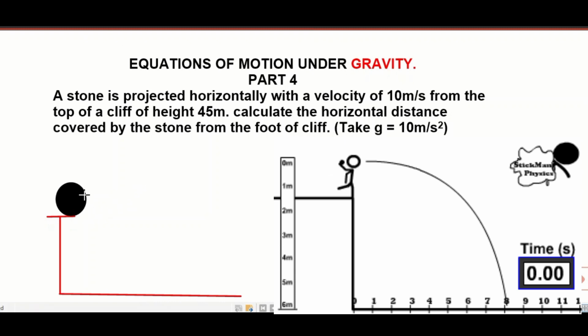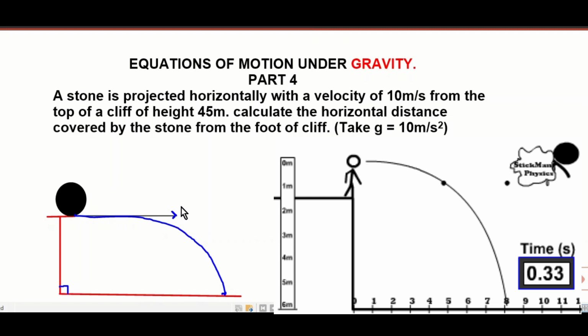And it has a horizontal velocity of 10. So what happened is this: the ball is going to move in this direction and hit the ground here. Of course, this should be 90 degrees.